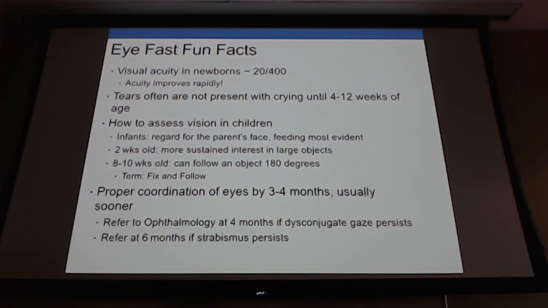Second thing, when we talked a lot about colic in block 1, well, they're crying, but they really don't even start producing tears until they're at least a month old. So anywhere from that 1 to 3 month mark is when you actually start producing tears.